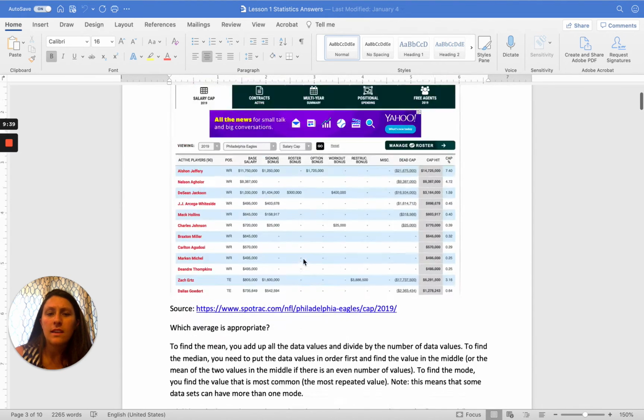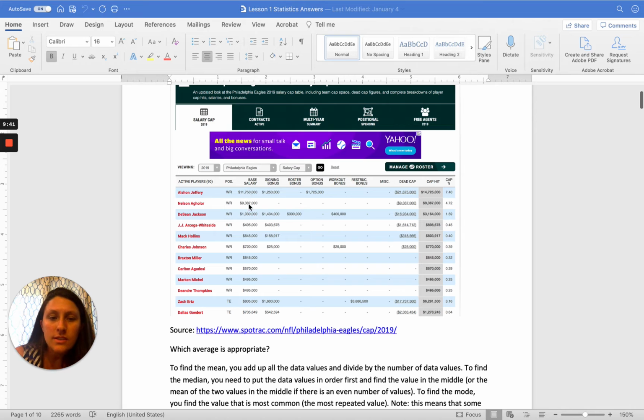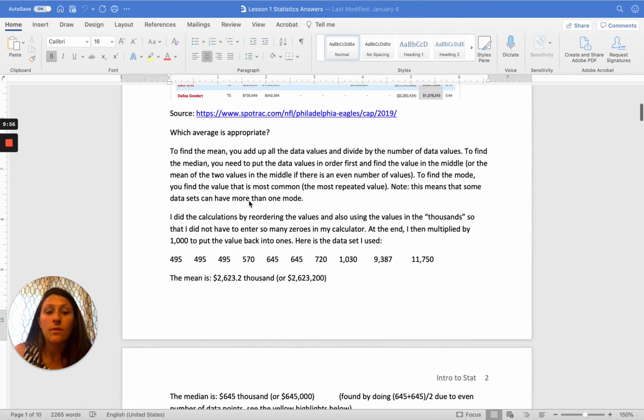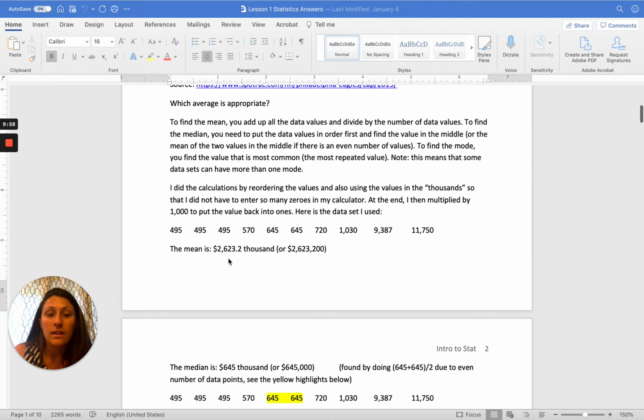The same way that in our first example, these 2 wide receivers, whoever they are, are making way more money than these other wide receivers. And because of these 2 outliers, because they are much farther from the rest of the data set, those 2 outliers skew the mean. So they bring the mean much higher than the true average, where the real center of the data is.